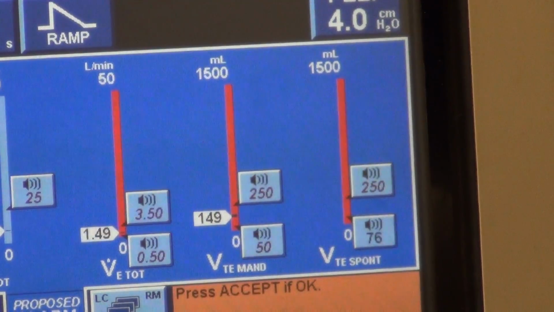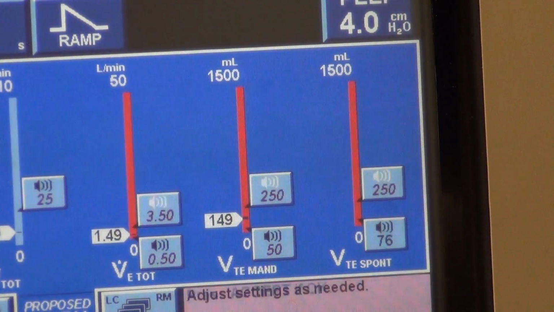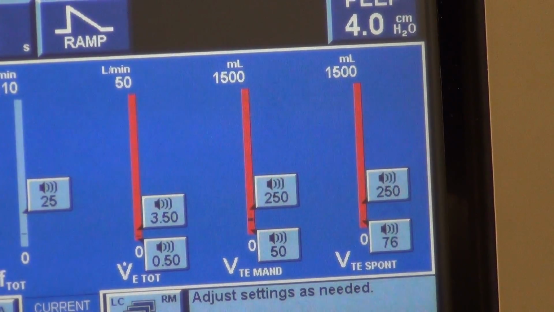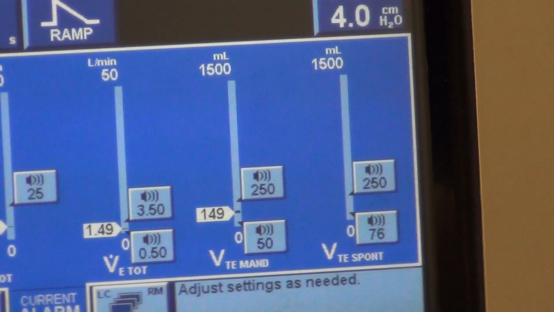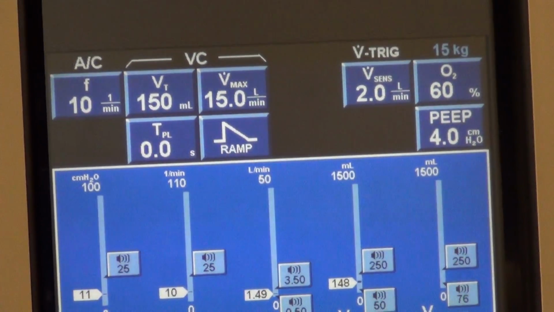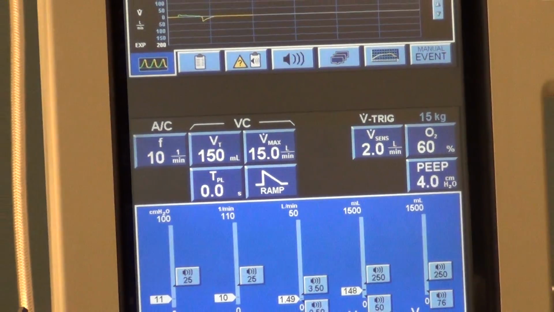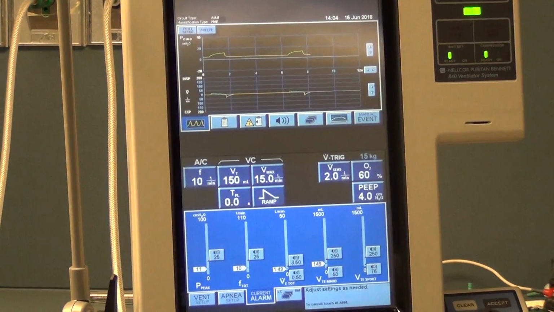All right, once we are ready, we can accept all of those values. All right. So now the machine is happy, we're happy, and our patient's happy. So that is setting up the 840 using pediatric values.